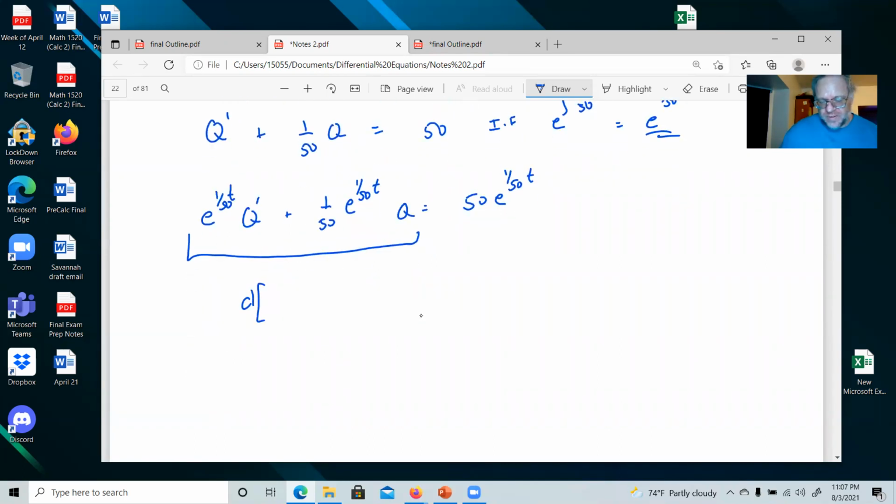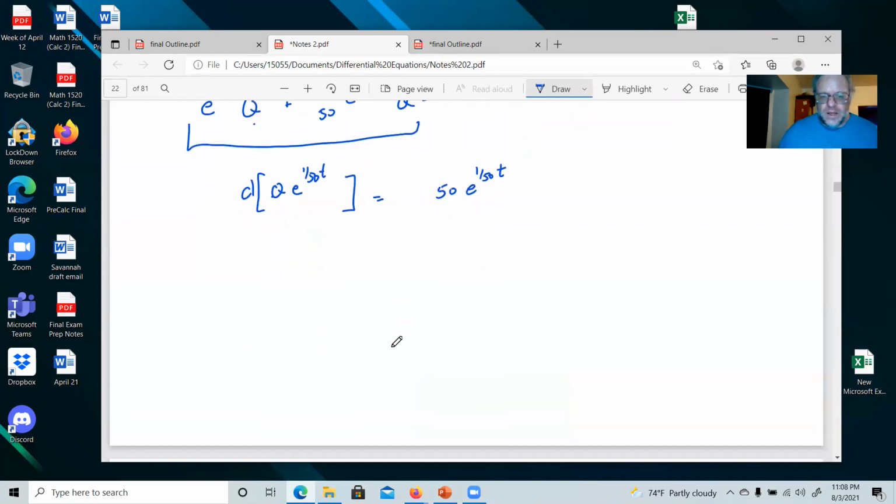If I took the derivative implicitly of Q and t, what would that look like? It would be the derivative of the first, times the second, plus the first, Q, times the derivative of the second, which would be this thing. And that is equal to 50 e to the 1/50 t.